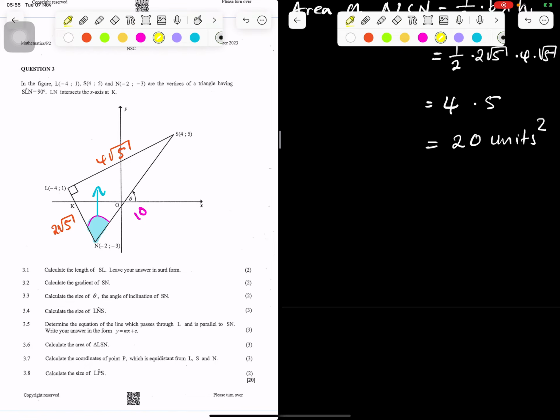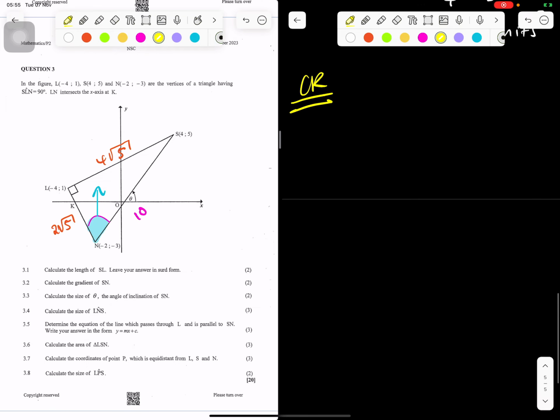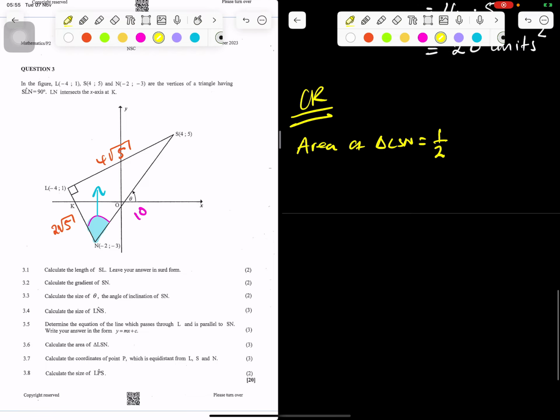Alternatively to this problem, let me just give you another method to solve this. Alternatively, you can use the area rule from grade 11 to say that the area of this triangle LSN is equal to 1 over 2 multiplied by the size of the included angle.